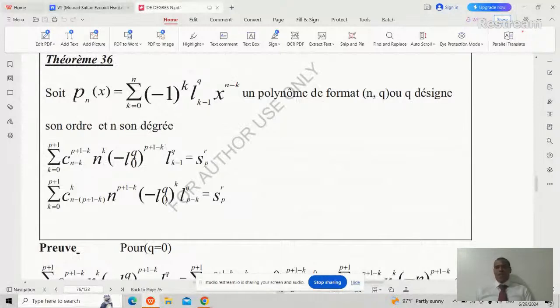Therefore, Sp of order r equals either this formula or that, both of them are the same, equal to the combination n minus 1 minus k, p plus 1 minus k, n raised to the power k, between parentheses negative L0 of the q raised to the power p plus 1 minus k times L subscript k minus 1. Okay, just now I'll substitute p with n minus 1.